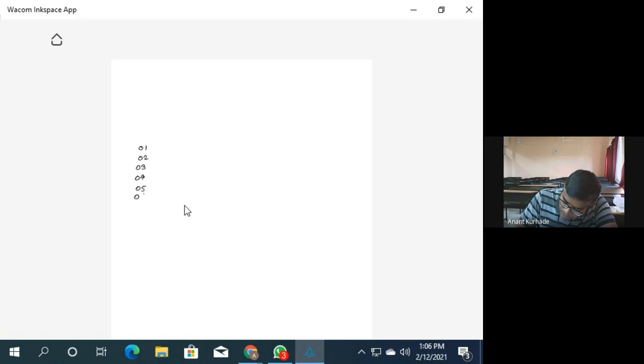We don't know up to what iteration we can get its accuracy. For the first iteration we have x1, x2. So what is accuracy? Mod of x1 minus x2. Now for each iteration we have to check this value, x1 minus x2.